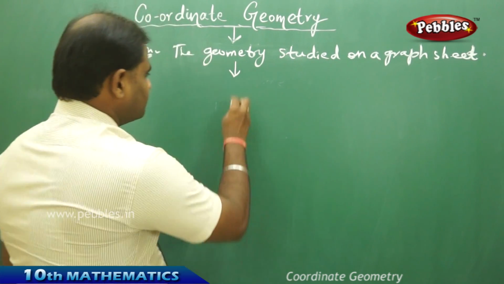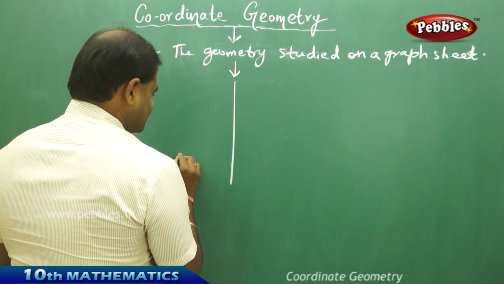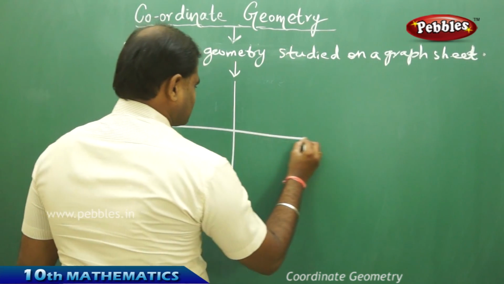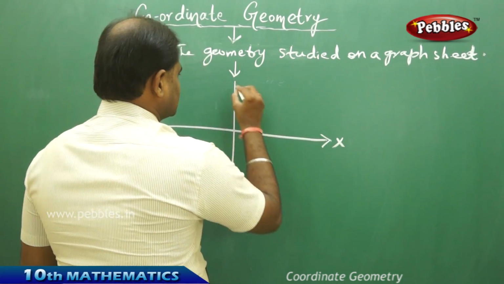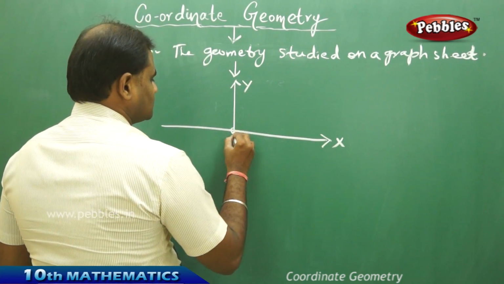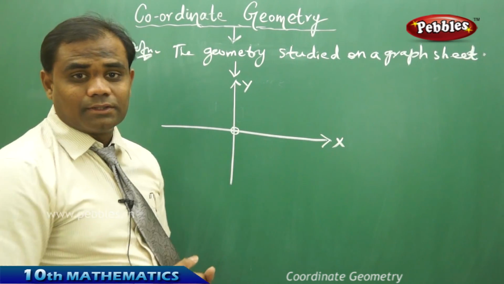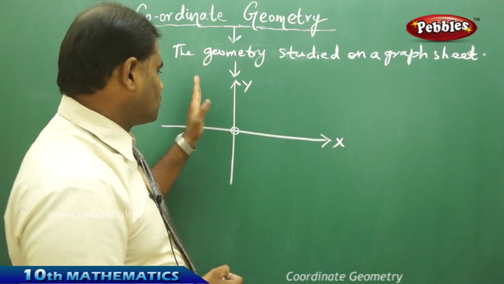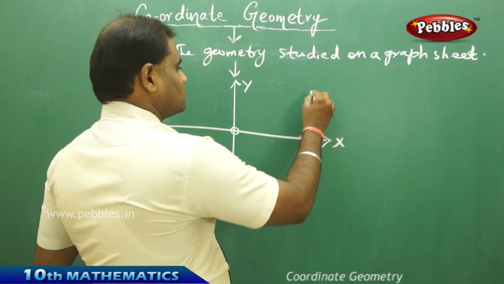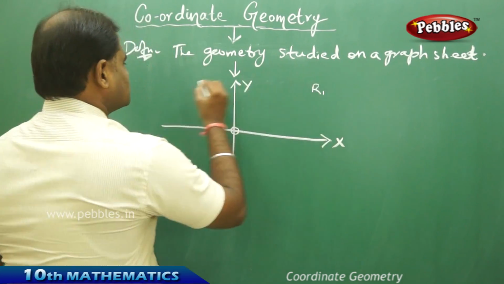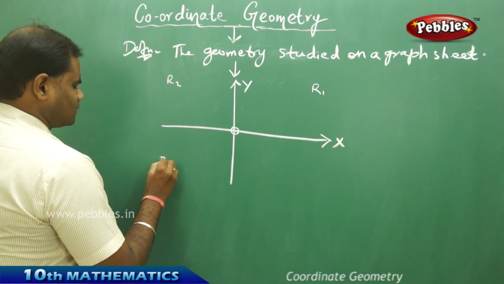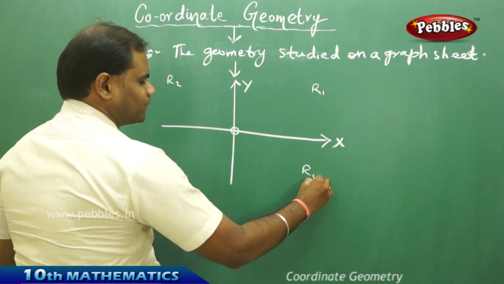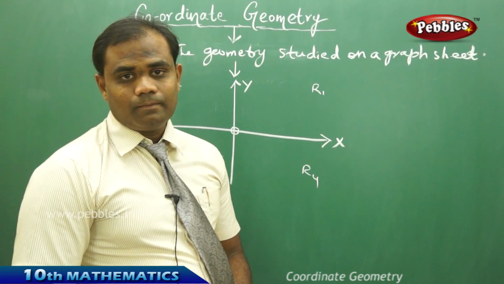So generally we take an x axis and a y axis which intersect exactly perpendicular to each other. That is, the two axes divide the plane into 4 regions. This is region 1, this is region 2, region 3 and region 4.